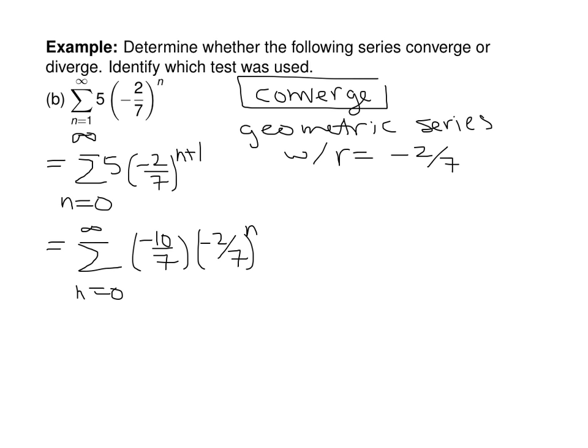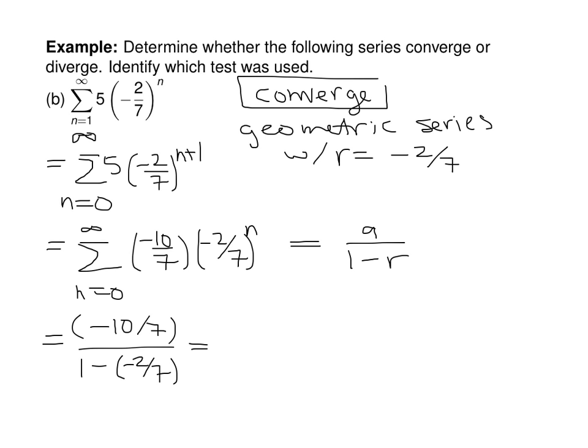And thus this sum, remember the formula is a over 1 minus r, will equal negative 10/7 divided by 1 minus negative 2/7. So we have negative 10/7 divided by 9/7, which will be negative 10/9.